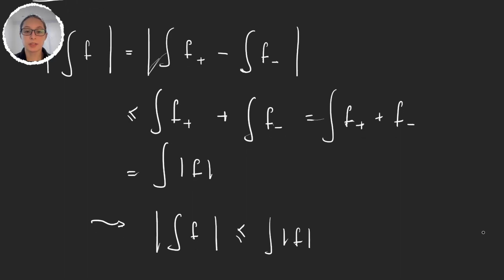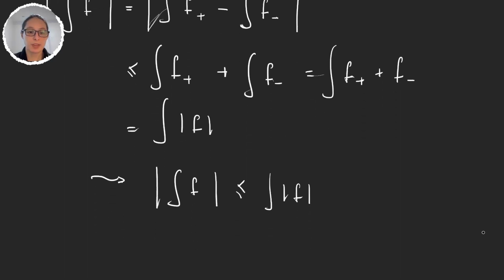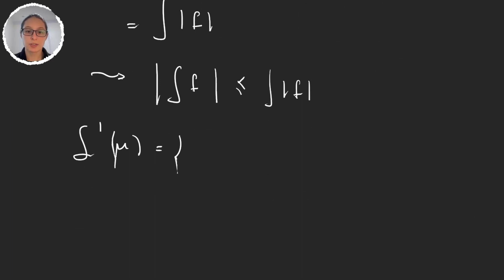And now one notation that we usually use is curvy L1 of the measure to denote all the functions that are integrable, that have finite integral, so for which the integral of the absolute value is finite.